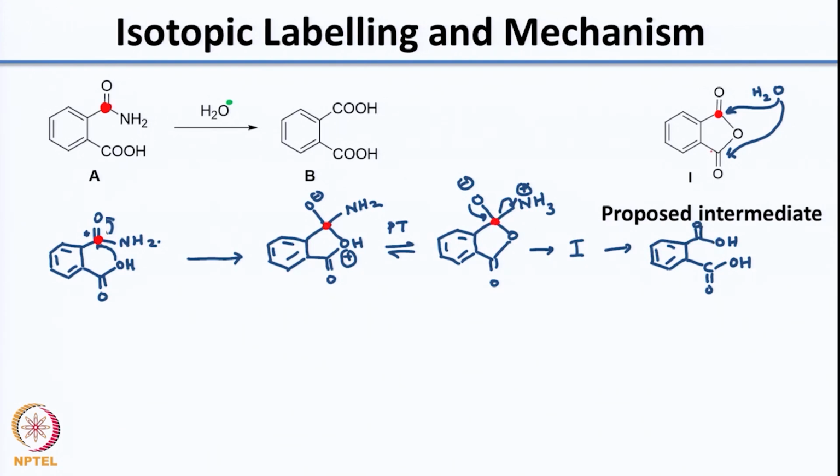So, if you have the intermediate I, and as I said, you can have say pathway A or pathway B. Now, if it follows pathway A, the product would be this, right, and if it follows pathway B, and again remember here that you have also labeled your oxygen.